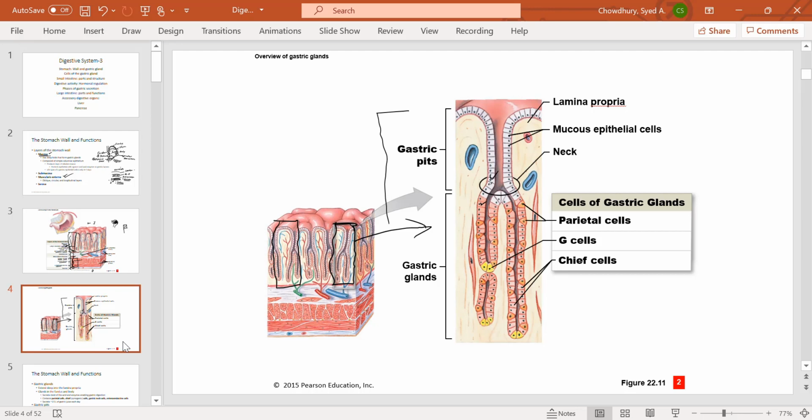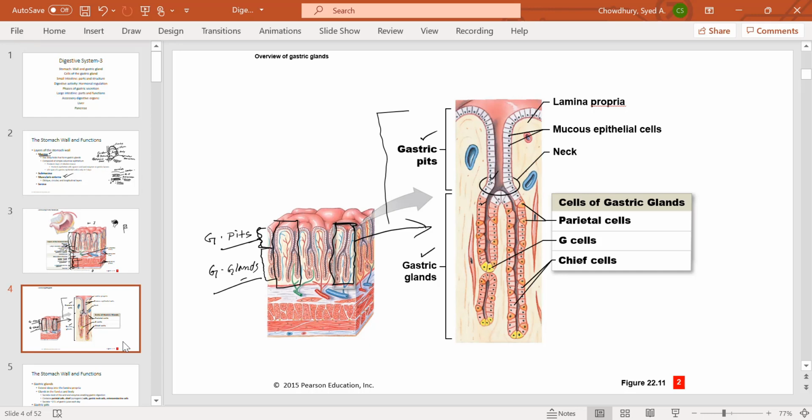So this outer part, you see here, is called gastric pit. Okay, gastric pits, and this inner portion here is called gastric glands. Okay, so now let's see these two parts here. Gastric pit is this part and gastric gland is the deeper part, right?